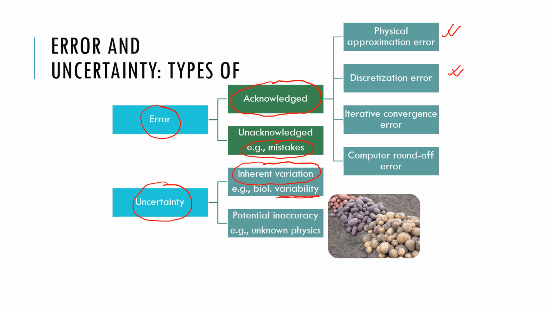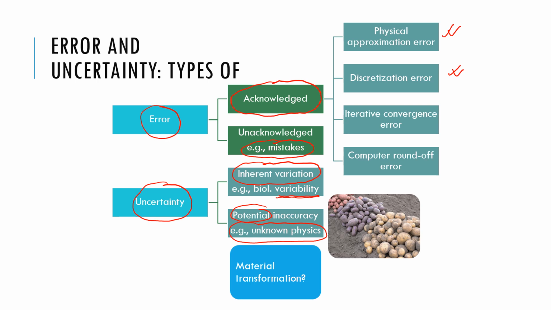Another source of uncertainty is unknown physics. We model based on what we know today. That may or may not be correct. So this potential inaccuracy is also a source of uncertainty, philosophically speaking, but we need to be aware of that.